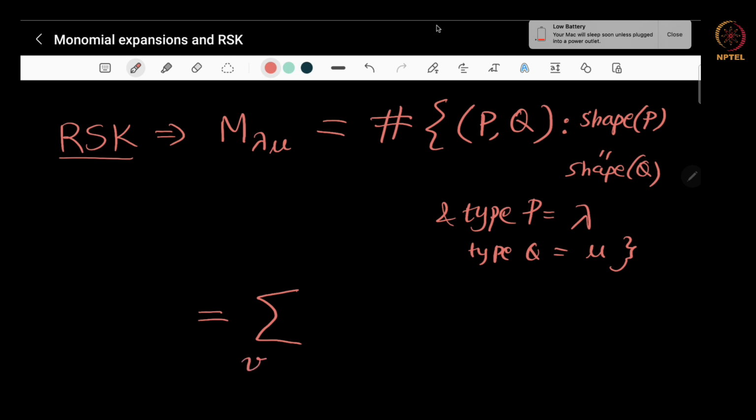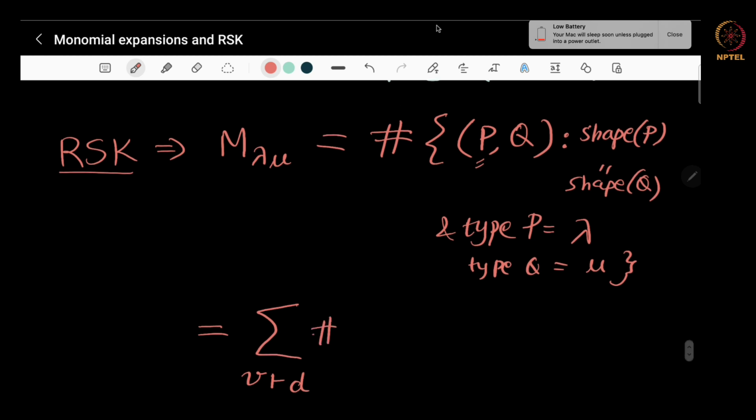Let's take all possible shapes nu, and it's enough to look at nu a partition of d, because lambda and mu are both partitions of d, so nu would also have to be a partition of d. Now I need to look for all semi-standard tableaux of shape nu and type lambda.